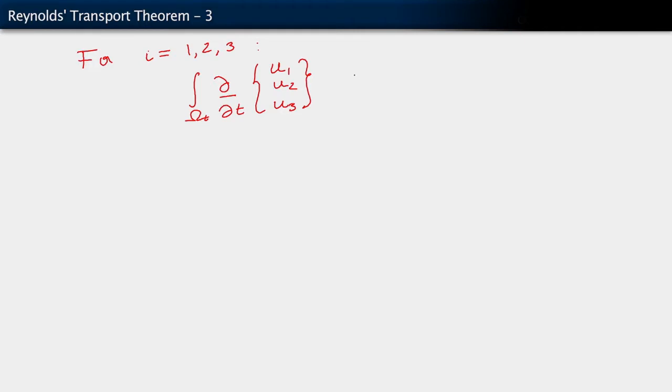So we get this plus the divergence of, now likewise, u1, u2, u3 tensor v1, v2, v3. It's the divergence of this entire object.